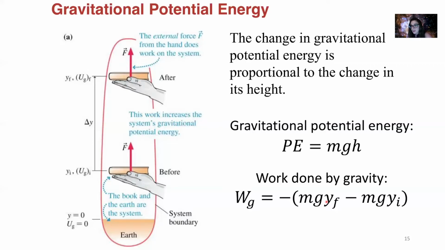So in that case, the work done by gravity is minus a negative number, and then it becomes positive. So when you're letting an object drop from some height above the ground to the ground, the work done by gravity is positive. But if you're moving an object from the surface of the earth to some position higher above that, then the work done by gravity is actually negative.